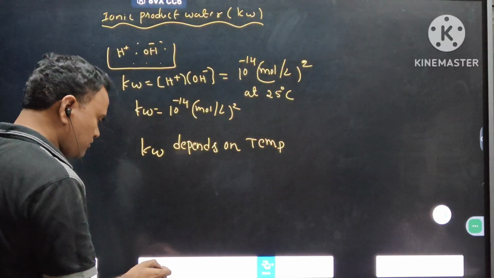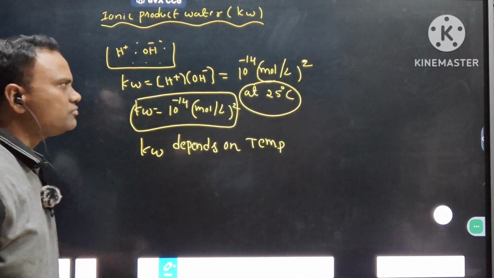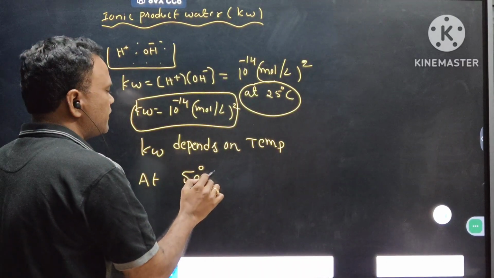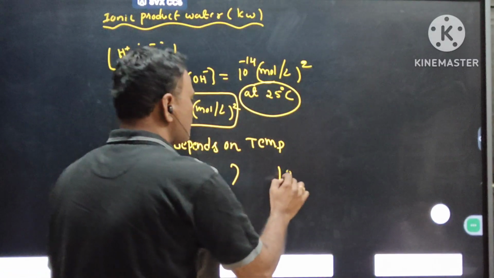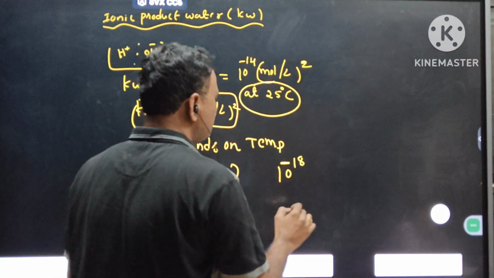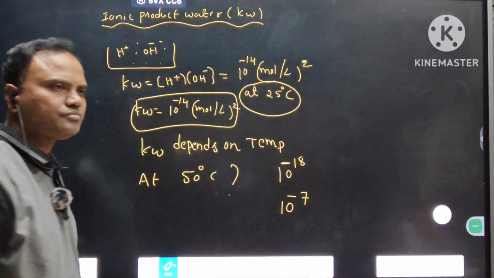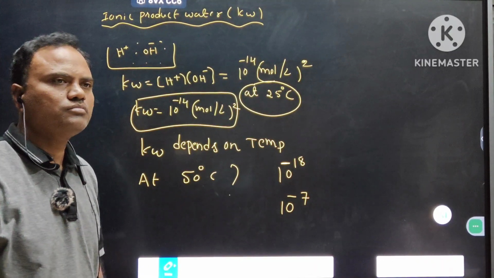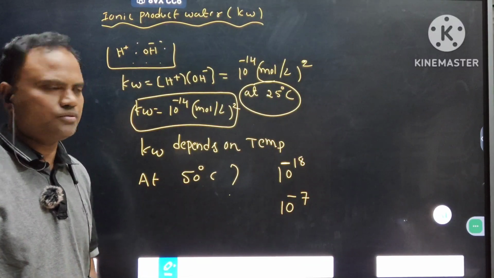At 25, this is the value. You tell me at 50 degrees, what may be the Kw value? 10 power minus 14, or 10 power minus 7. As temperature increases, Kw value increases.